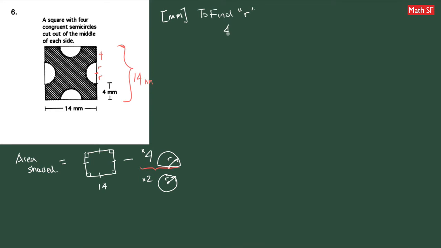So 4 plus r plus 4 should be equal to 14. So 8 plus 2r should equal 14.